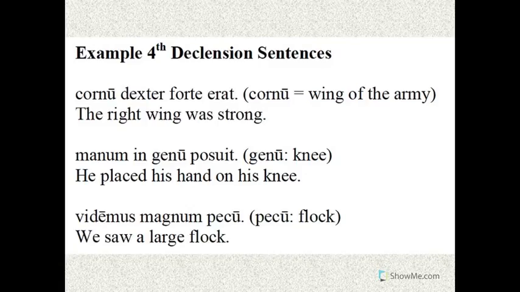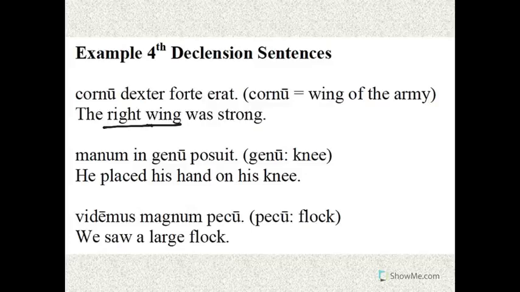Here are some example fourth declension sentences which use fourth declension neuter nouns. Our first sentence, cornu dexter forte erat. I translate this as the right wing was strong. Our fourth declension neuter noun is cornu, which means the wing of the army. As you can tell from this sentence, the right wing is your nominative for the sentence.